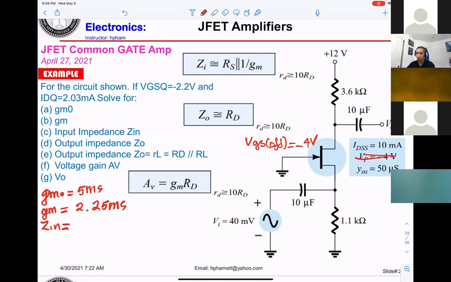Reciprocal. Okay. Reciprocal plus 1.1 K.